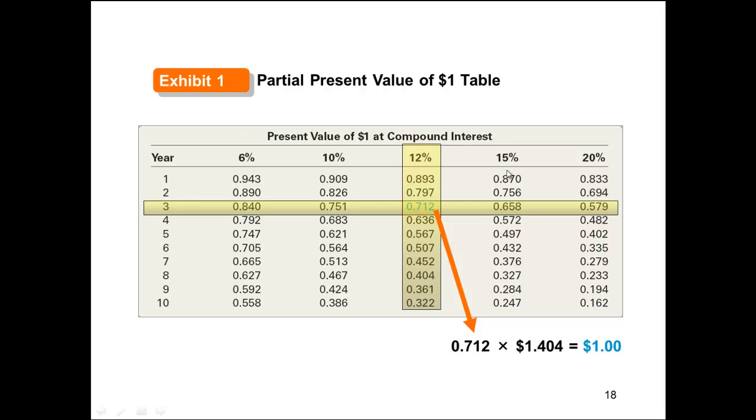At some point, somebody did, so why should we have to reinvent the wheel, or do it the very slow way? We want to work smart and not hard, and the smart way to do that is to understand how to use one of these present value of $1 tables, okay?